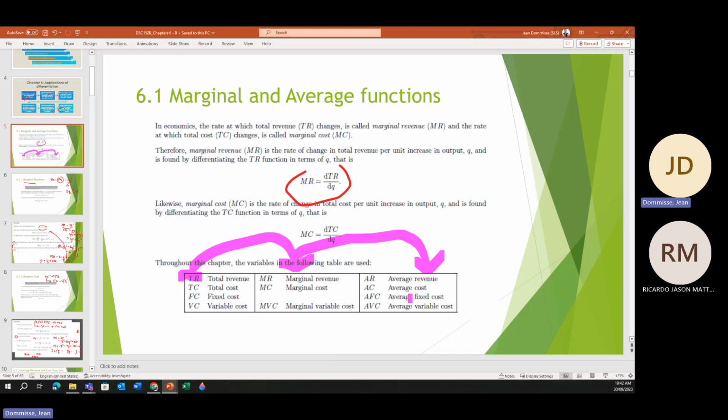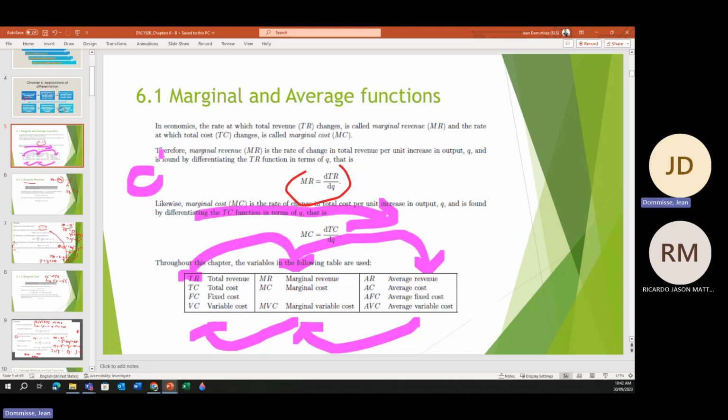So when we need to move from average to marginal, we will multiply by your quantity, and then to move from marginal to your total revenue, we will integrate. So this one for me is a very nice one, because to that side means you're going to differentiate, and then moving to this side, we're going to integrate.